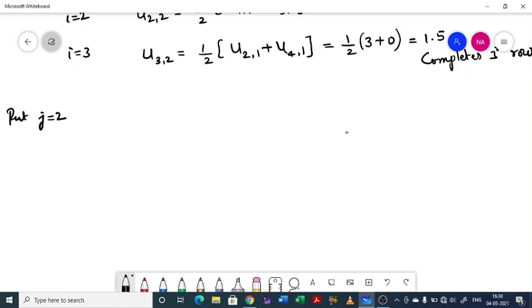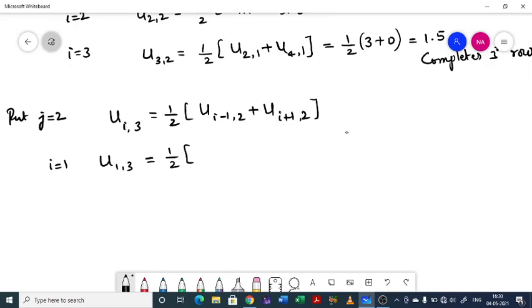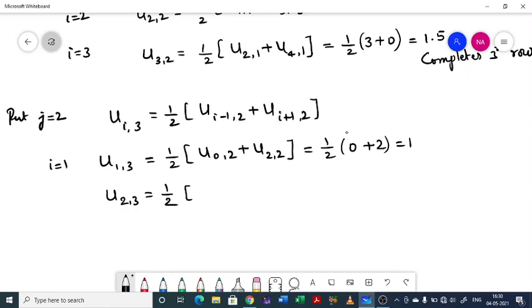All these changes I am doing in equation 1, so I will get u(i,3) equal to 1/2 times (u(i-1,2) plus u(i+1,2)). Let us take i equal to 1: u(1,3) will be 1/2 times (u(0,2) plus u(2,2)), so that is 1/2 into (0 plus 2), 1. u(2,3) equals 1/2 times (u(1,2) plus u(3,2)), so it will be 1/2 times (1.5 plus 1.5), so that is 1.5 again.